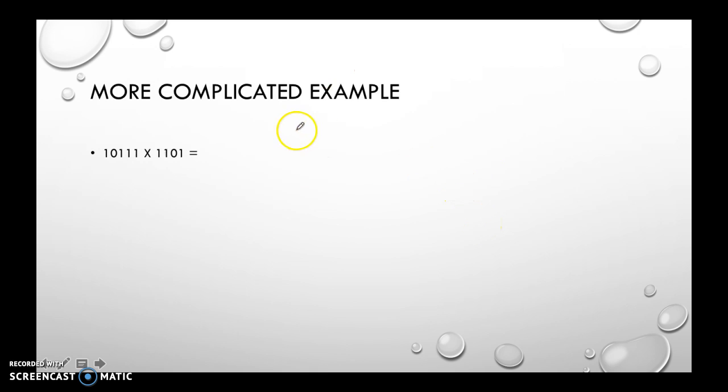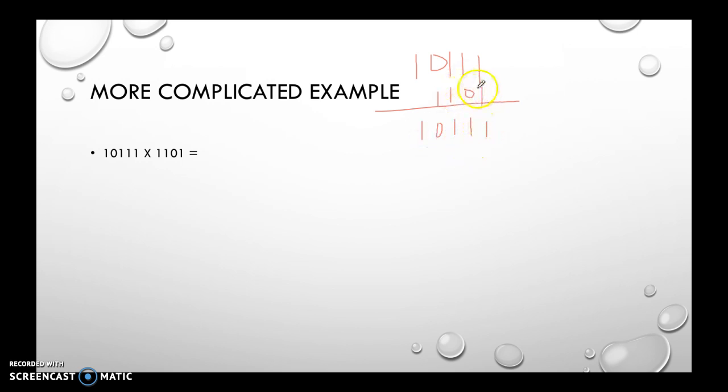So now let's do a more complicated example. We have 10111 multiplied by 1101. And 1 times 1 is a 1, 1 times 1 is a 1, and 101.